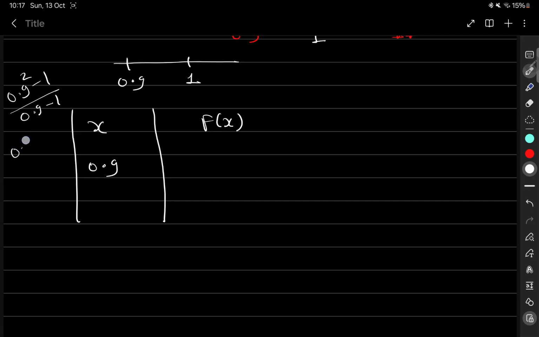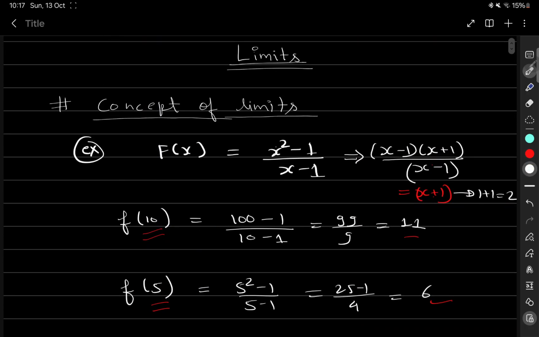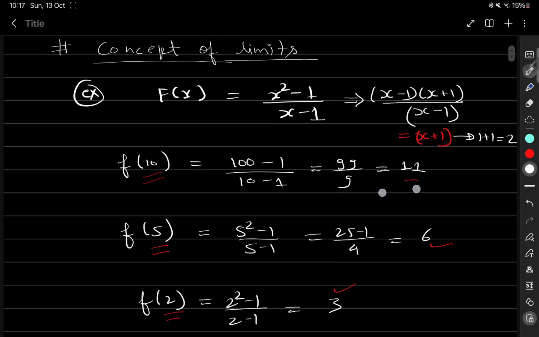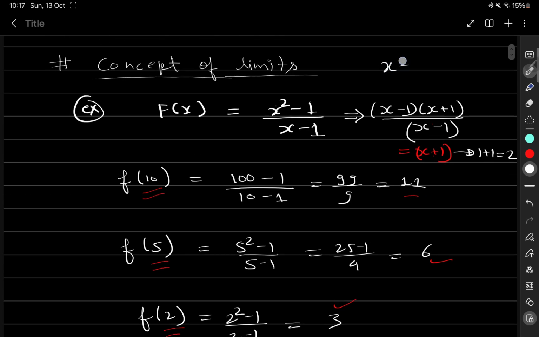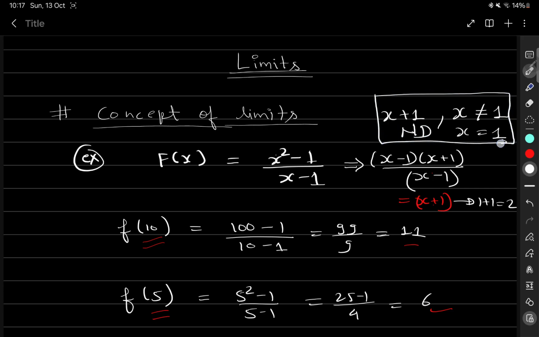Now factorization is allowed. Are you getting my point or not? This x plus 1 cancellation is only possible when x is not equal to 1, because at x equal to 1 we get not defined. This is clear or not?